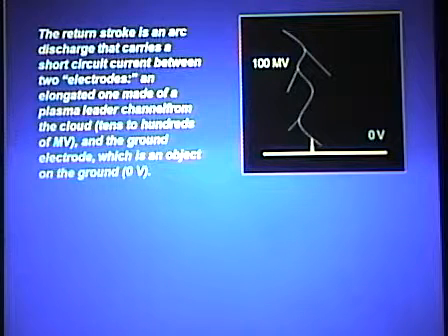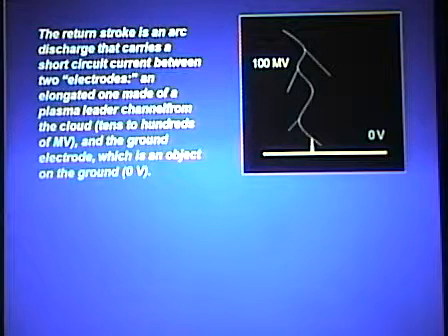Actually, return stroke is sort of an arc discharge that carries short circuit current between two electrodes. You know, if you have one battery and another battery, or a car battery, and you put them together, you have a short circuit, and you will have this arc discharge. This is a big arc, and we have two electrodes.